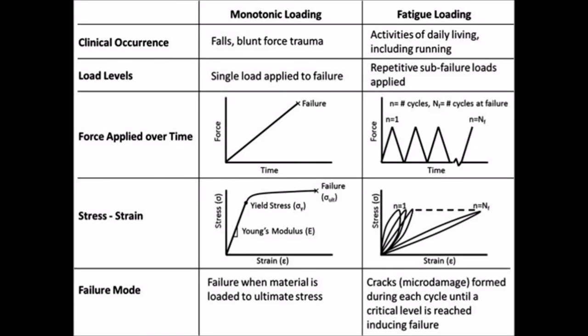Clear with these 6 mechanisms: fatigue, wear, creep, impact, buckling, and overload. Okay, so I hope these failure criteria are very clear to you. So now in this picture I have shown monotonic loading and fatigue loading.